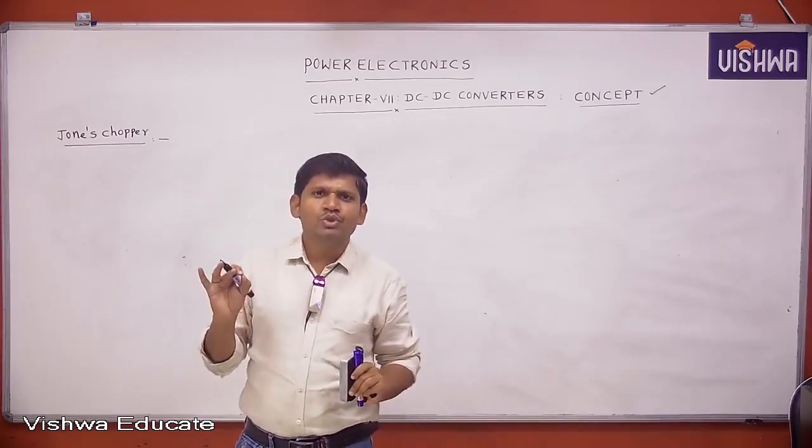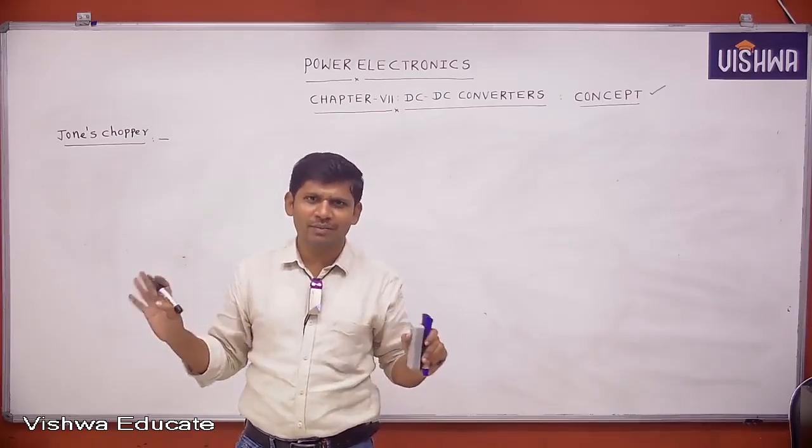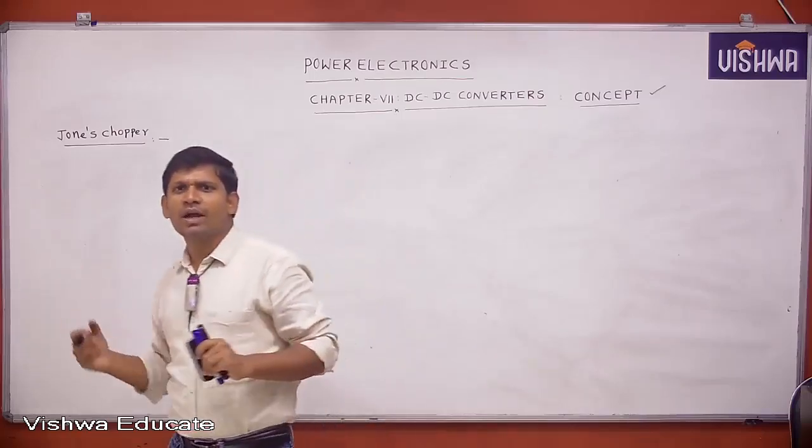That's why in the Jones chopper, voltage commutation can be used.